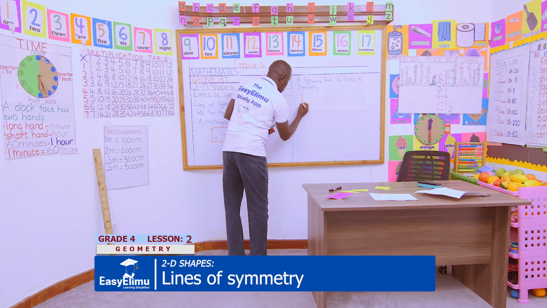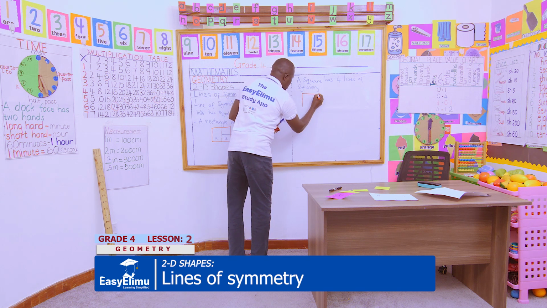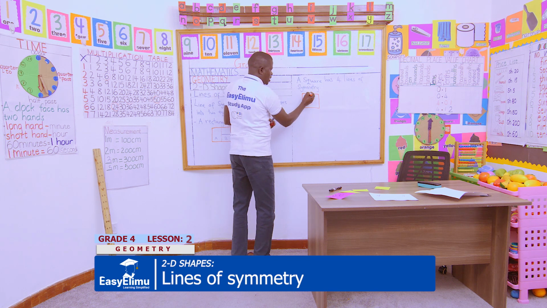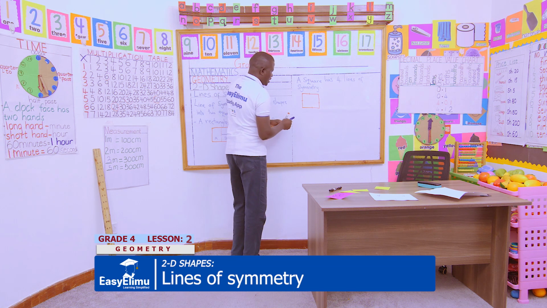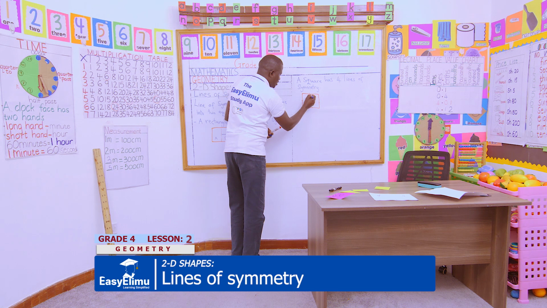We can try to trace it. You can just try to draw a sketch of that square. Remember, I said for it to be a square, all sides are equal. So for us to have the line of symmetry, you can divide it into 2 equal parts like that. You can also divide it in this way.